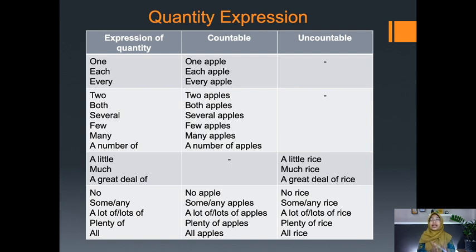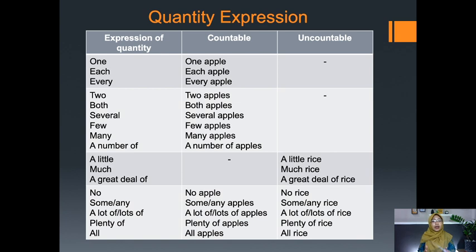So when you find these quantity expressions, you can use both countable and uncountable nouns. Jadi ketika Anda menemui quantity expression no, some or any, a lot of, lots of, plenty of, and all, Anda bisa menggunakan dua-duanya. Bisa pakai countable noun atau uncountable noun.